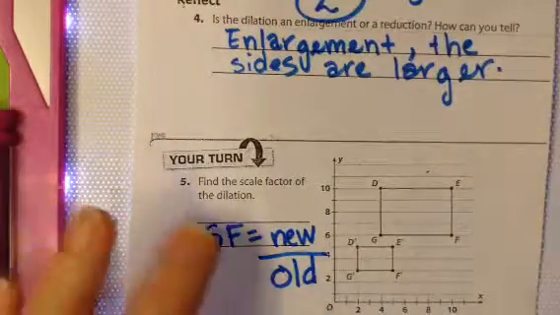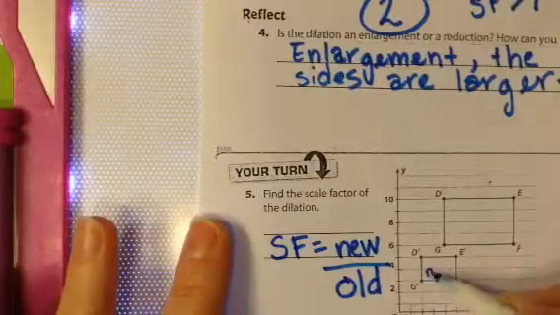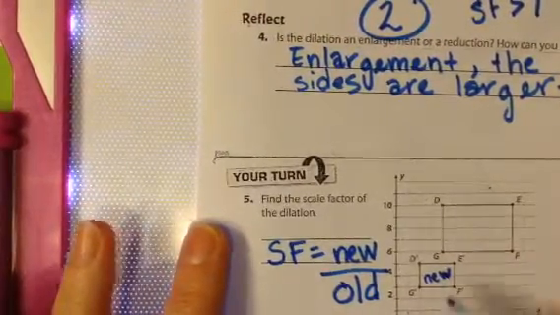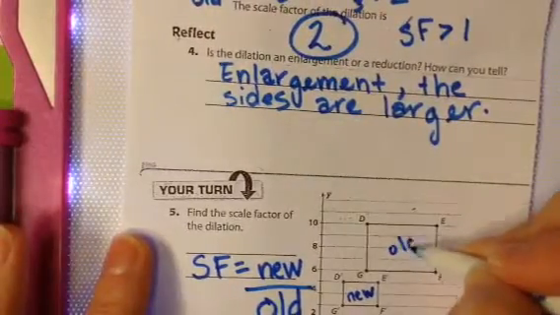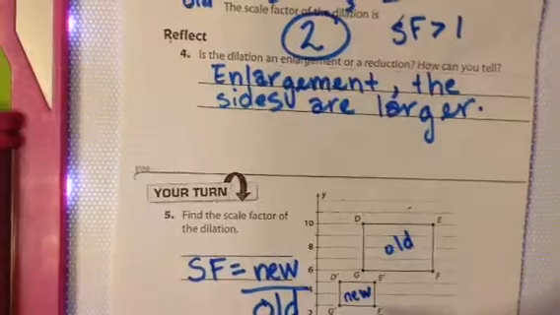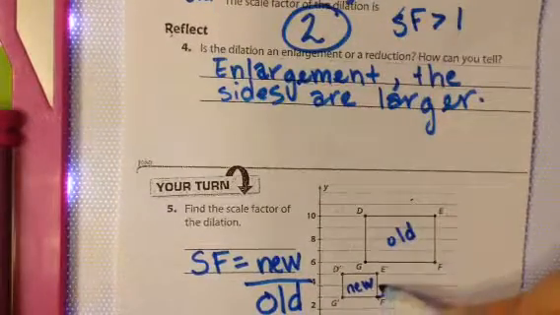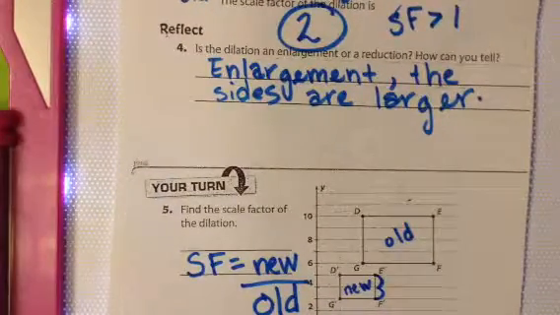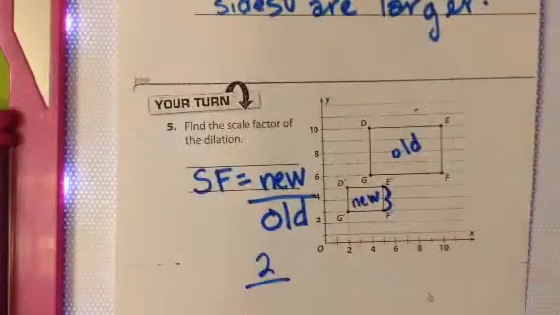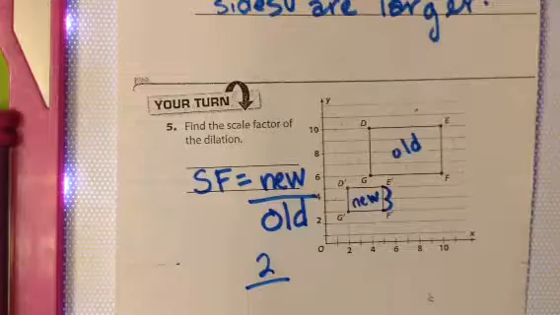Okay, so let's see. We are going to go ahead and label new, because it has a prime mark, so I know it's the new one. And label this one old. Okay, we're going to count the sides. So on this new one, the side length is 2. Whoops. So you got to put that on the top.